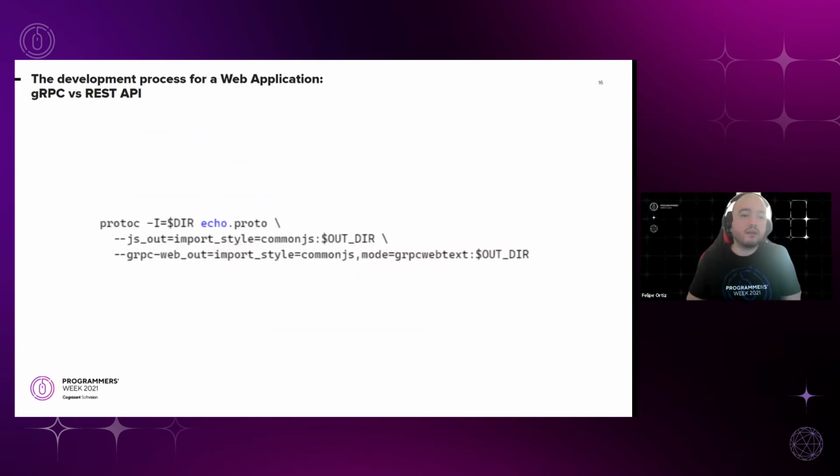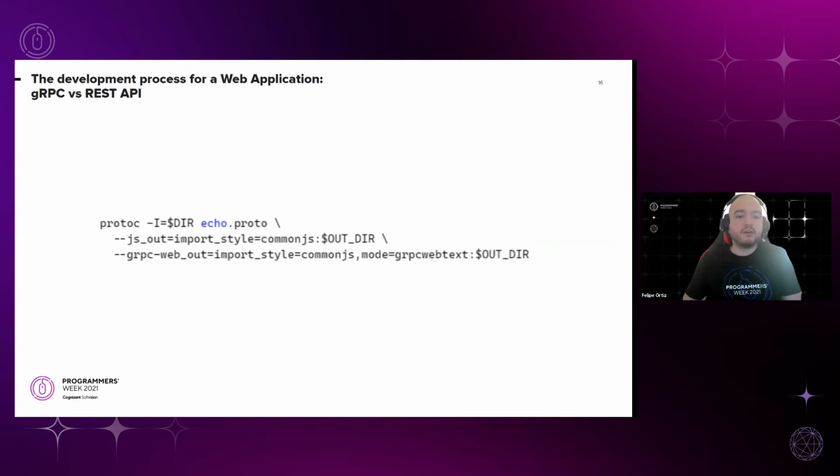And now, in order to connect our application with our backend, we need a tool called protoc. You can fetch it from the official gRPC GitHub repo, and also the gRPC-Web plugin from the same repo.